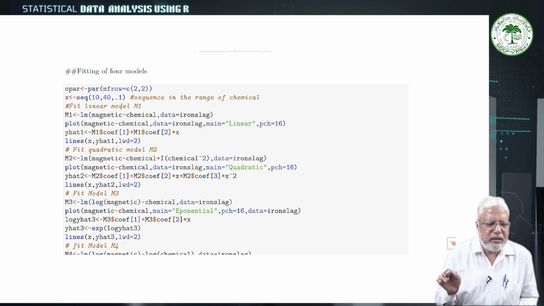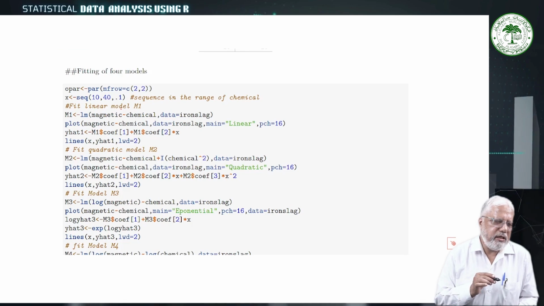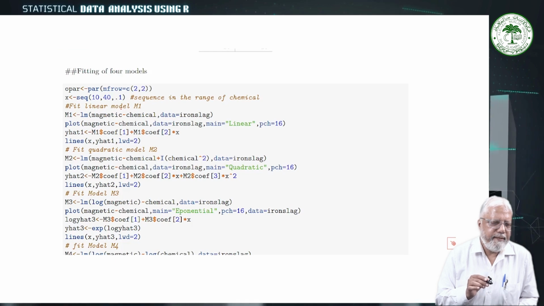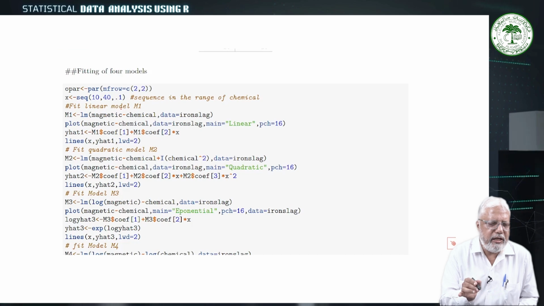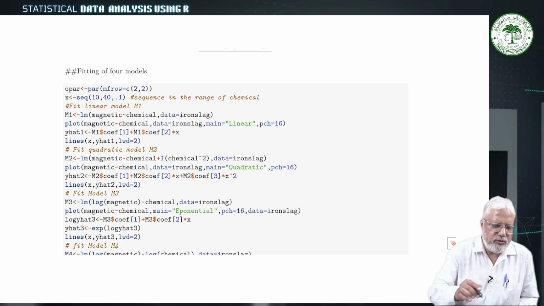So it will generate a sequence because the minimum observation in the magnetic measurement is 10 and maximum is 40. So we are dividing this length at equal distance of 0.1.